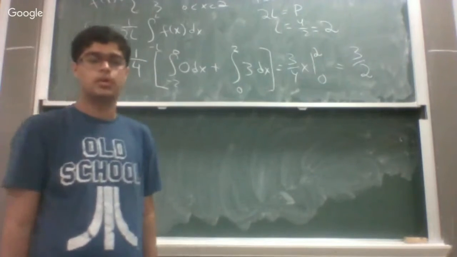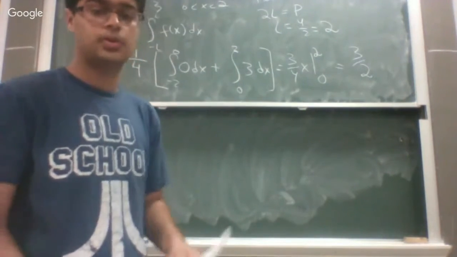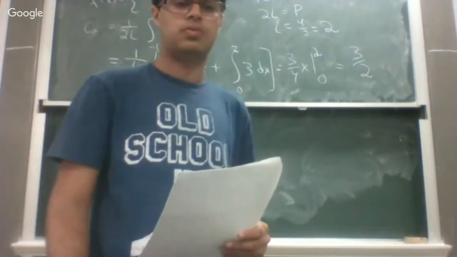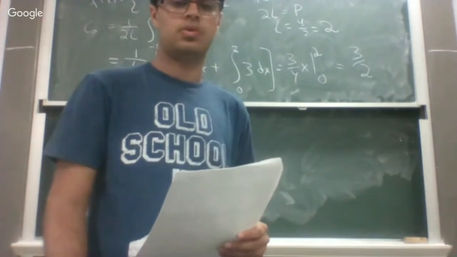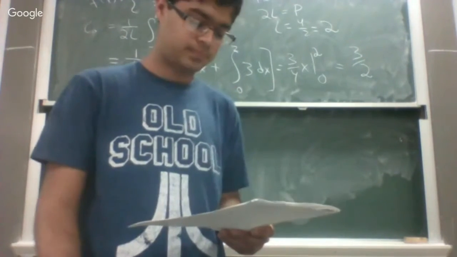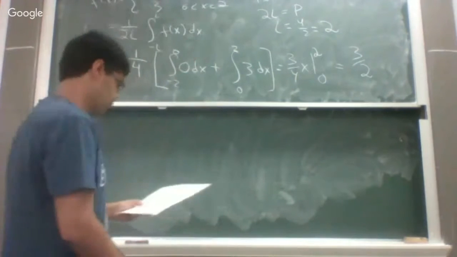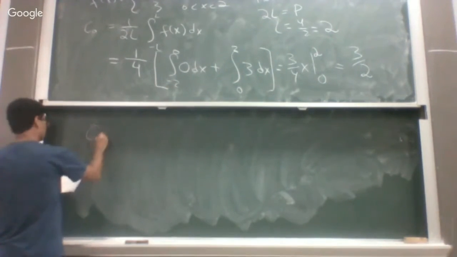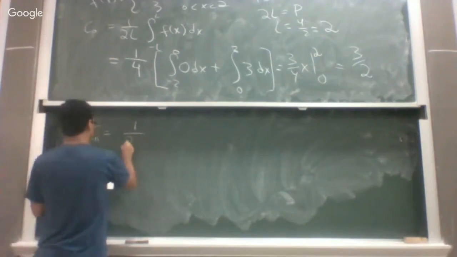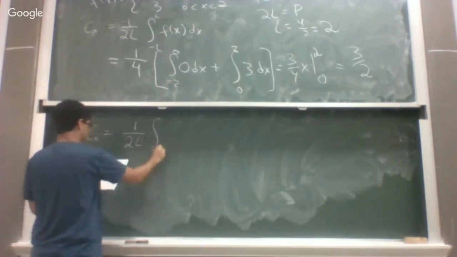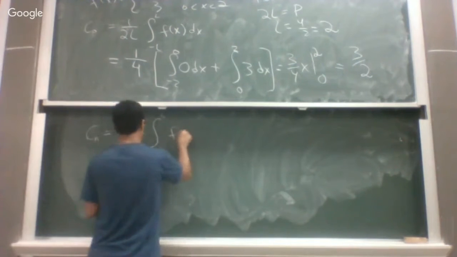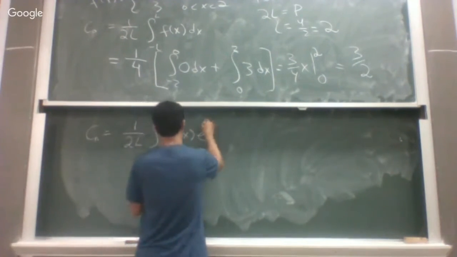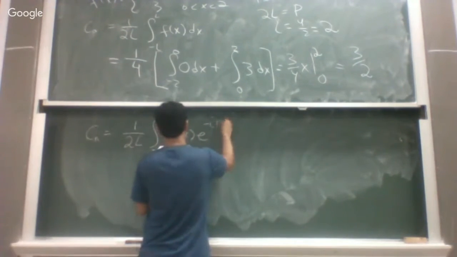Okay, so then we do c sub n. And they give you all of this? Yeah. c sub n is equal to 1 over 2L, going from -L to L, f of x times e to the minus i n pi x divided by L dx.